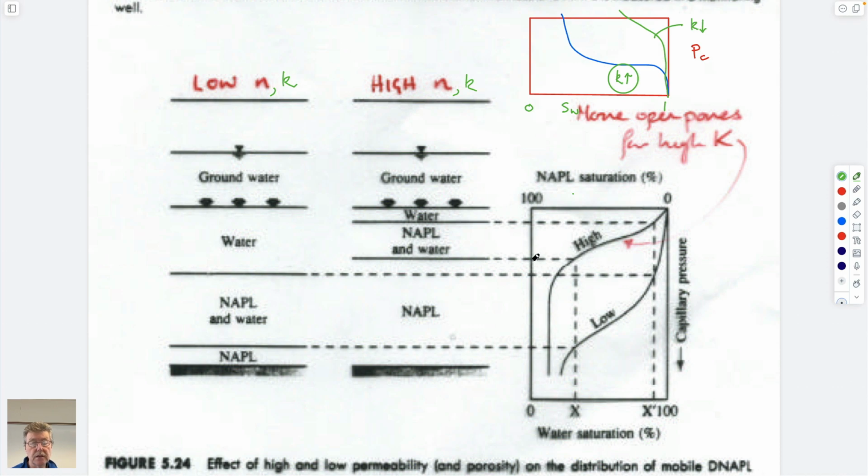And so in this, I guess if you choose this spot here, this would be water, and this would be DNAPL. And therefore, at a very shallow depth, you've already reached a very high saturation of DNAPL because it can get in there very easily.